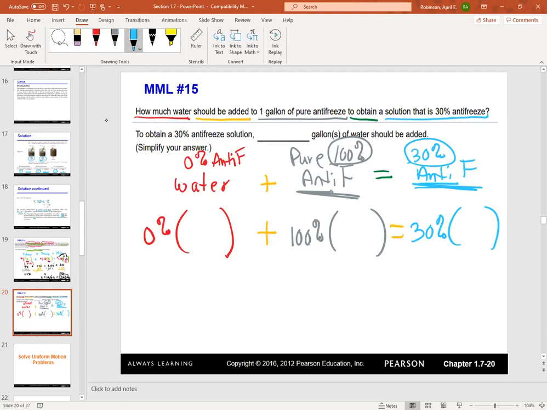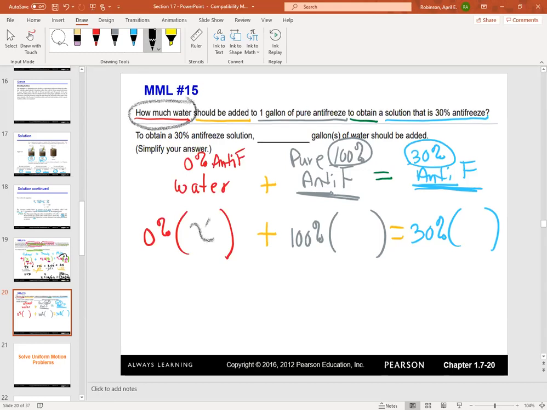How much water is my X, and it goes right there. They told me I had 1 gallon of pure antifreeze, so the number 1 goes right there. The mixture is gallons of water plus gallons of pure antifreeze, so that's X plus 1.